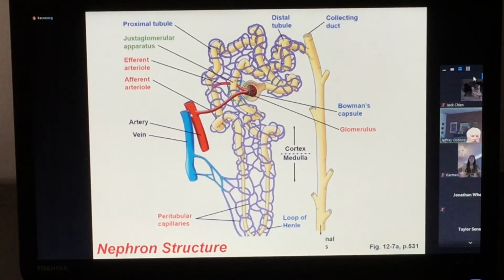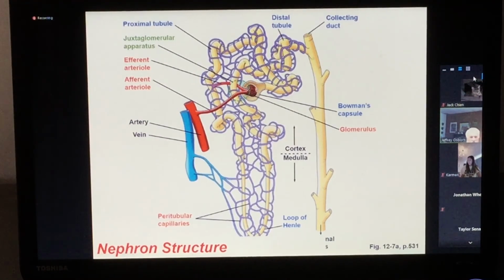Blood comes in through the renal artery from the aorta into the glomerulus, which is the first capillary bed. The kidney is unique in that its glomerular capillary bed is flanked on either side by an arteriole, an afferent arteriole and an efferent arteriole. There's only one other place in the body you have this structure, and that's up in the hypothalamus, and we'll talk about that in endocrinology.